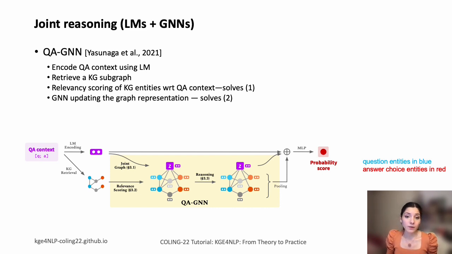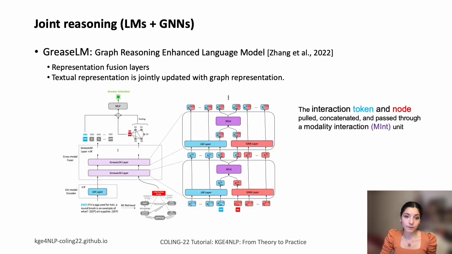Finally, the answer is inferred by calculating the probability over question and answer choice pairs. Later on, this approach is extended by a method called GREASE-LM, which jointly updates the textual representation with the graph representation through layers of their model, which mixes the representations through a modality interaction layer.